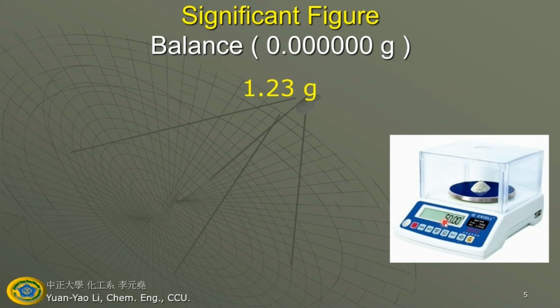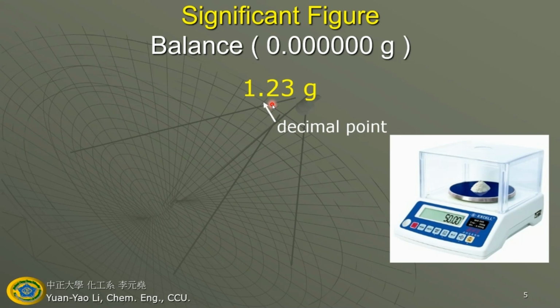Why 1.23? Can you see that? This is 1, 2, 3. There are three digits, and one is the decimal point.